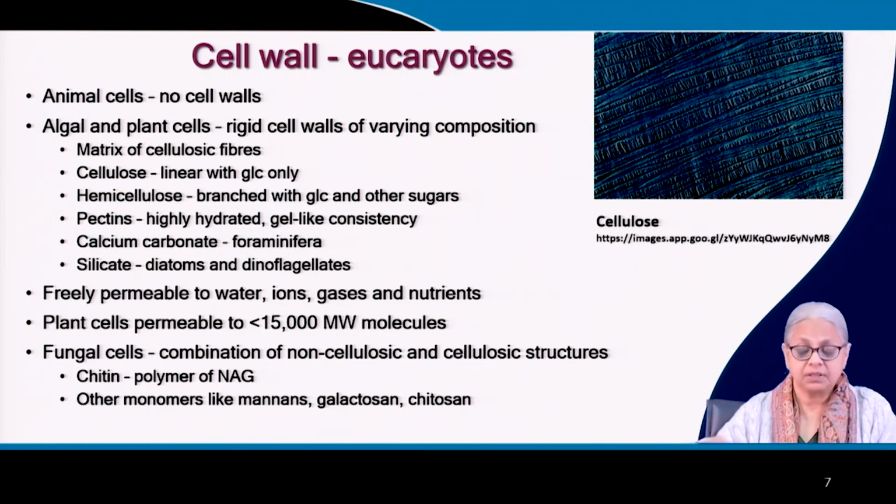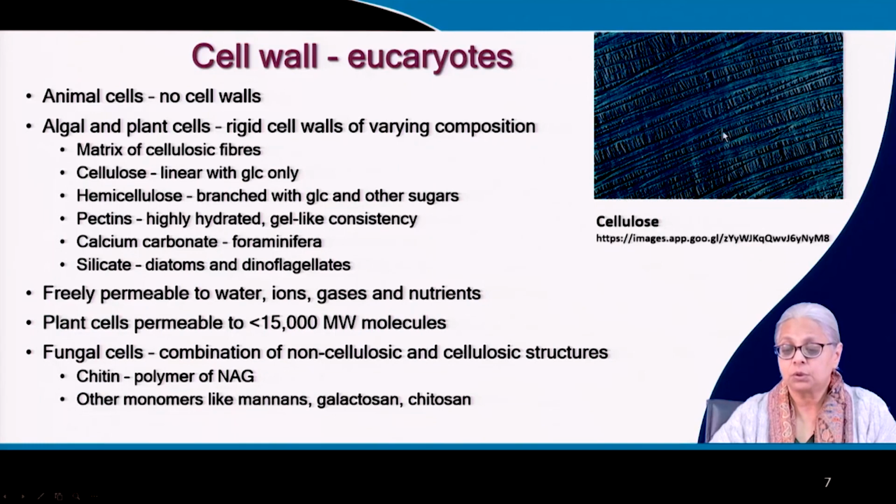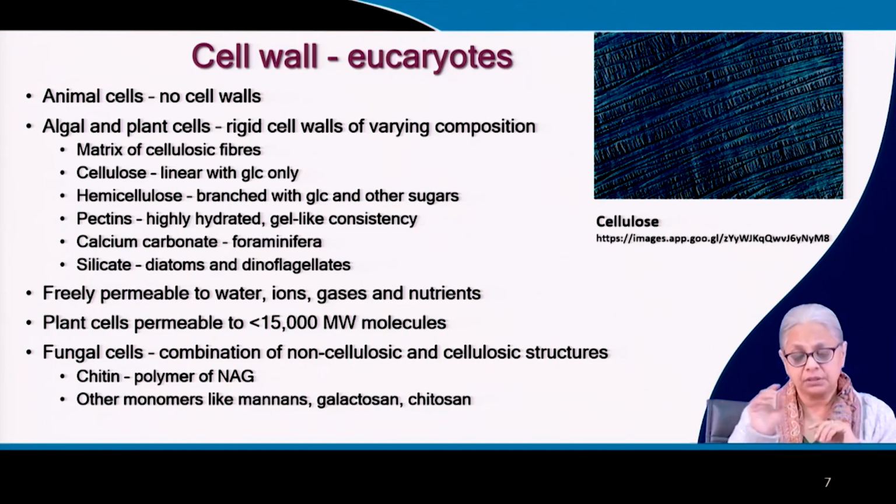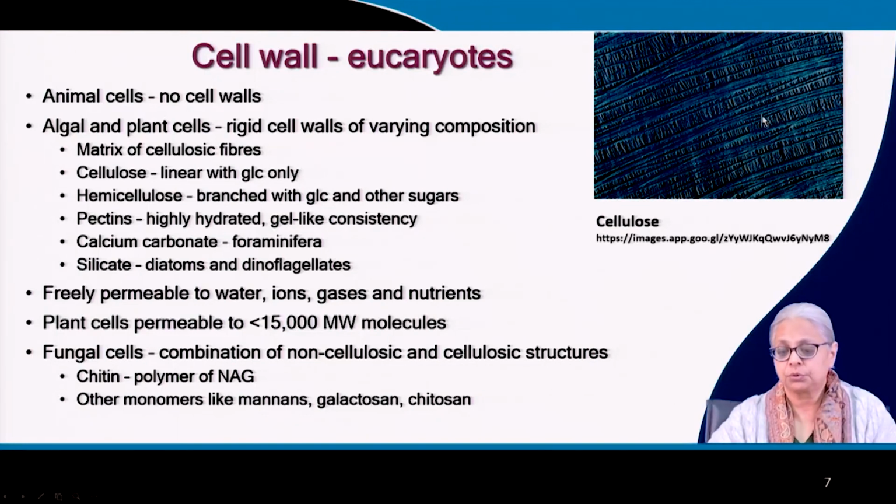In general, algal and plant cells have a matrix of cellulose fibers. Just like clothes, where you have a warp and a weft, but nature doesn't do that. It just places fibers in alternate layers. So you can see a structure very similar to woven clothes, but not exactly the same.